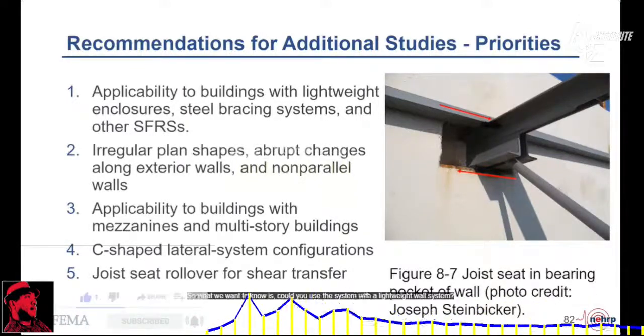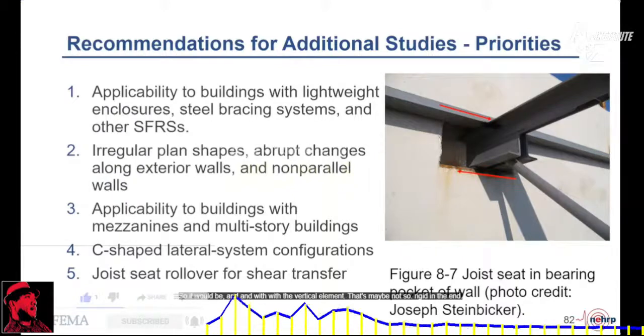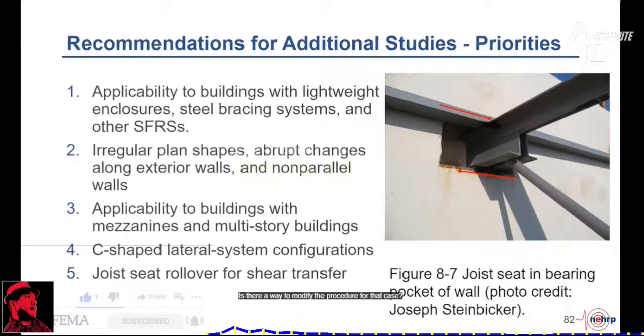So what we want to know is, could you use this system with a lightweight wall system, with a vertical element that's maybe not so rigid in the end? Is there a way to modify the procedure for that case?